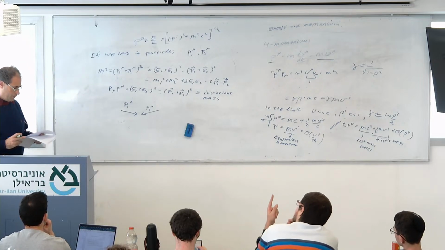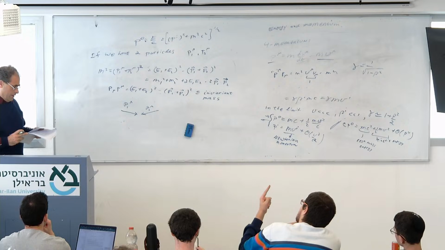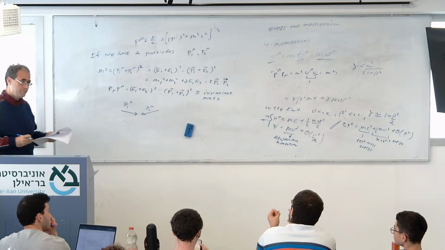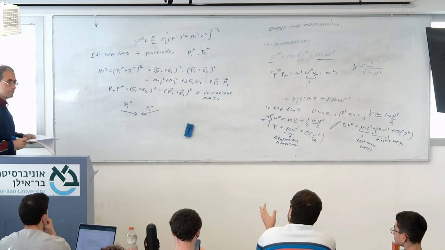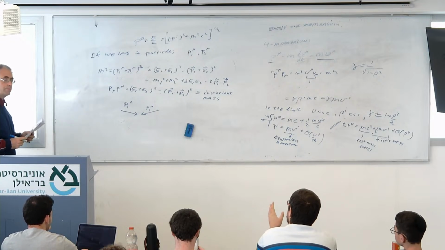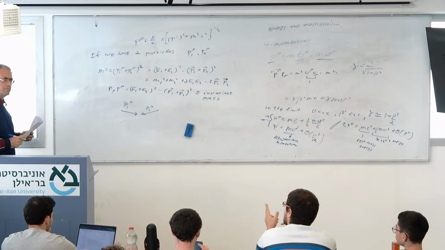Yeah? In the first lecture you told us that with any equation we will see in this course, the mass is not determined. But here you say two observers will agree on the mass.